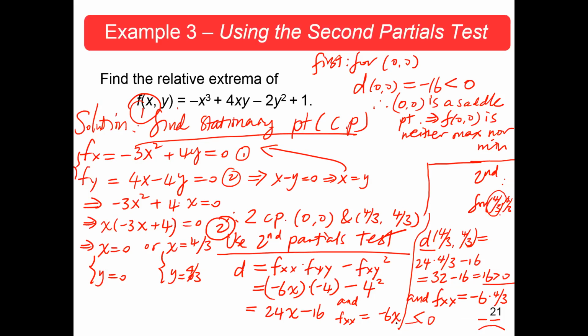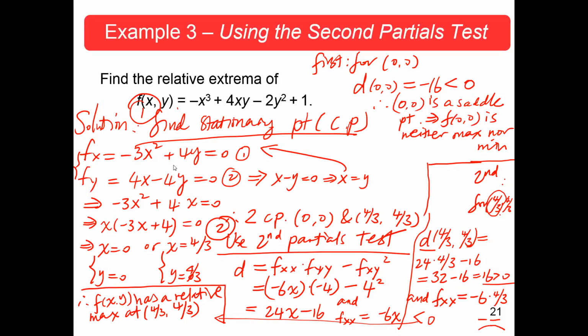So your conclusion would be: function f of x, y has a relative max at the point 4/3, 4/3. And you can also compute what exactly this max value is.